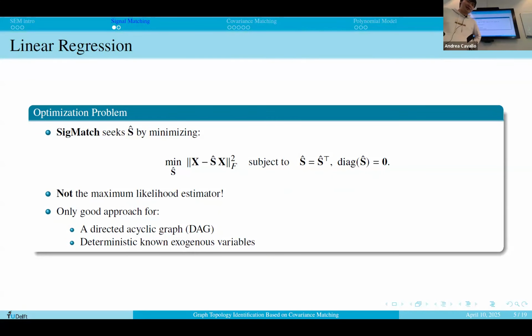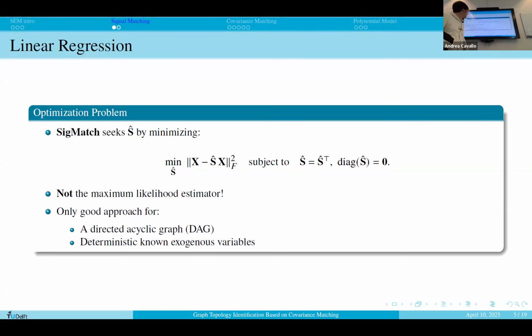You can think about it like this: let's say we know something is Gaussian. We want to estimate it, and we get a sample covariance here. If we want to match these two distributions, you would have a log det term.